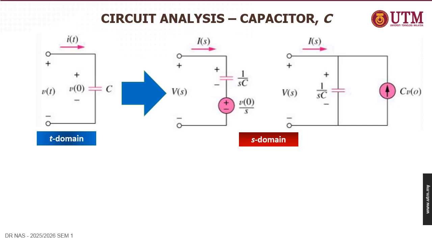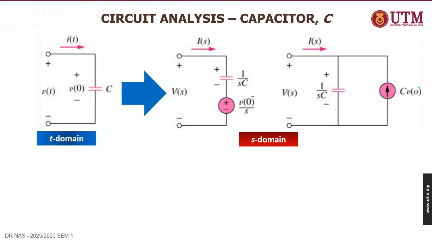This capacitor will be represented as a series capacitor with an additional voltage source that depends on the initial condition, the initial voltage value, and C becomes 1 over SC. While in parallel connection, C will be 1 over SC in S domain, with an additional current source of C V0.